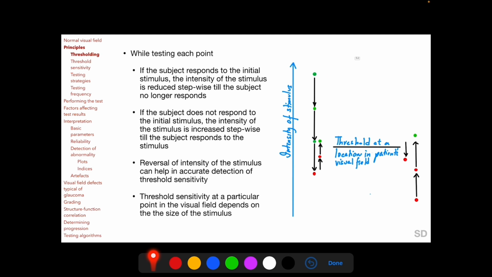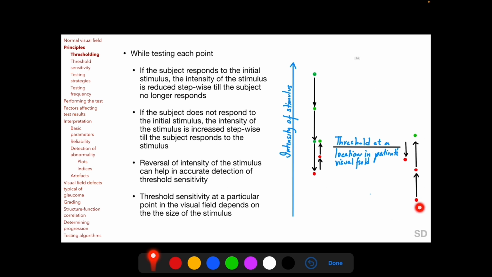So if the patient sees the initial stimulus, the intensity of the stimulus is decreased stepwise till the patient does not see the stimulus, and then the change in intensity is reversed, usually in steps half those of the previous steps, till the patient sees the stimulus again, and the intensity of this stimulus is recorded as the threshold intensity of this location, and from this threshold intensity the threshold sensitivity of that location is calculated, as we shall see.